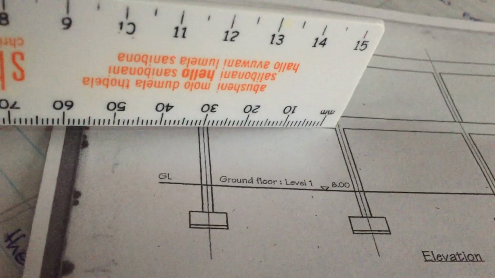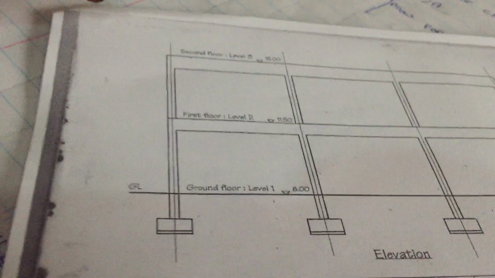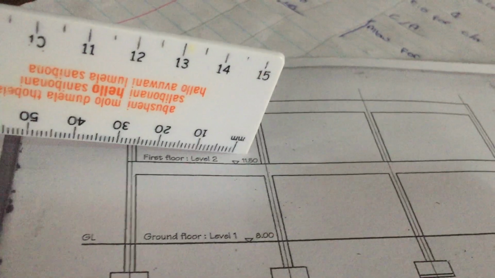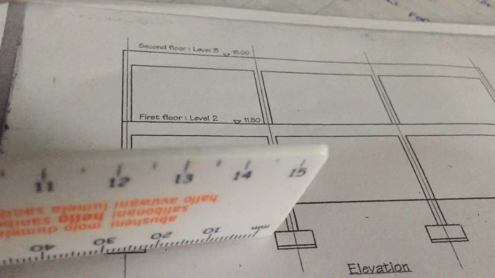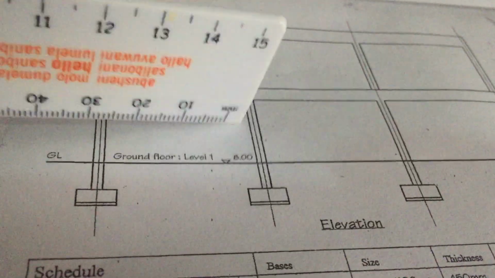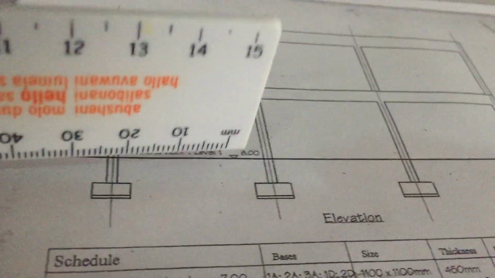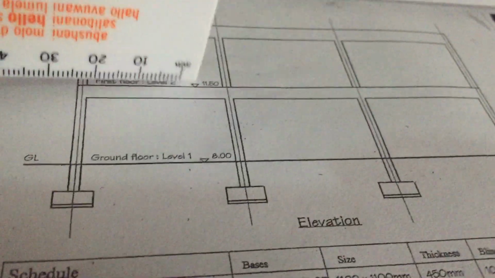How do we get the height? This is the column that we need, right? On the top of the round beam, we get that it's 11.50, and the top of our concrete bases, they said it was 7. So if you say 11.50 minus 7, you're going to get the distance from there to there.